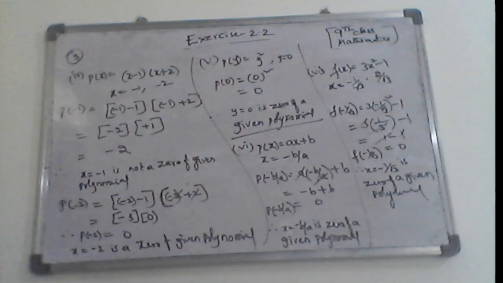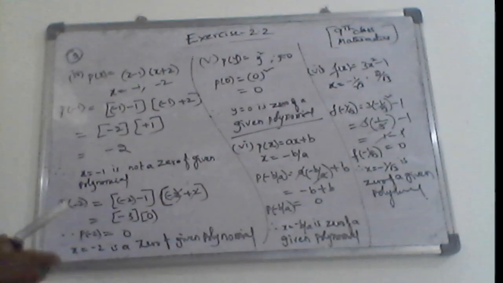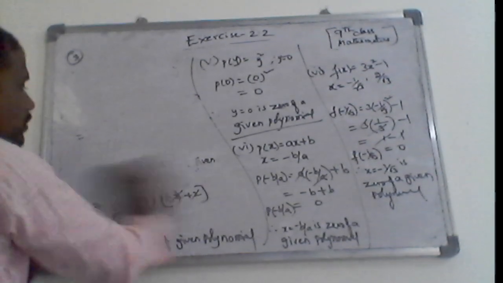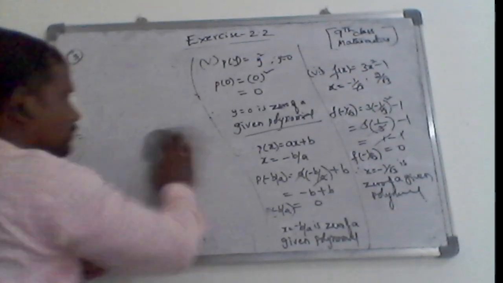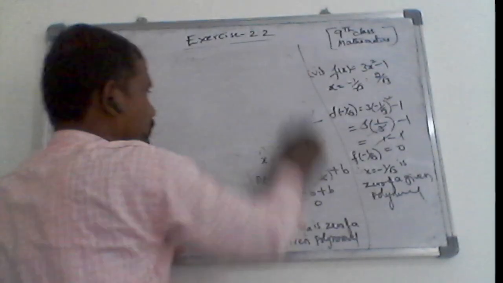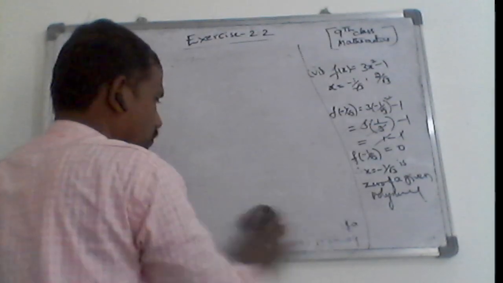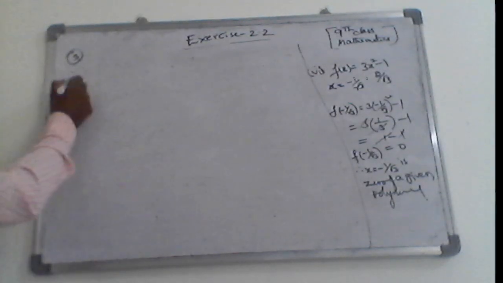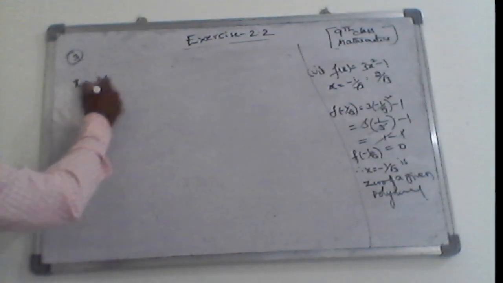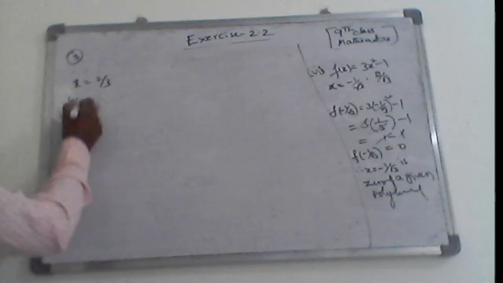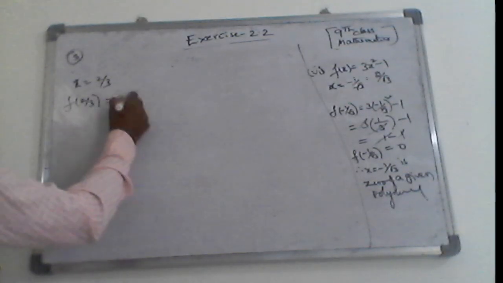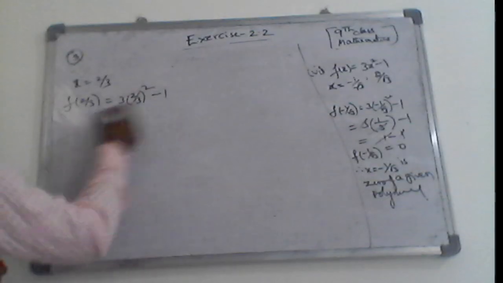Next one, substitute x equal to 2 by root 3. F of 2 by root 3 equals 3 into (2 by root 3) whole square minus 1.